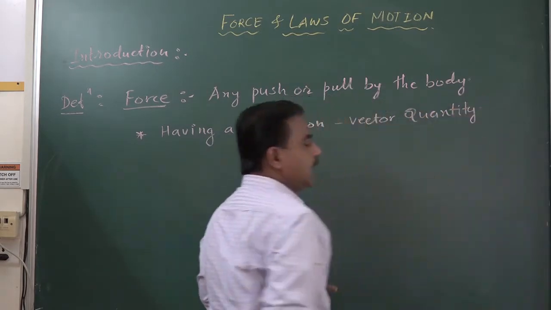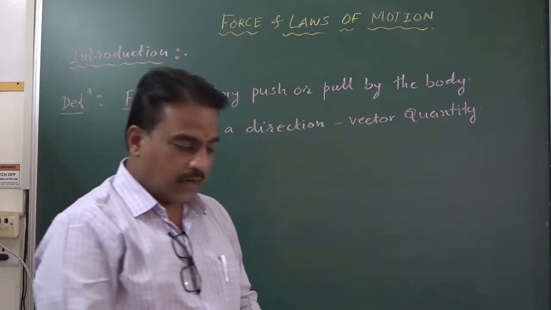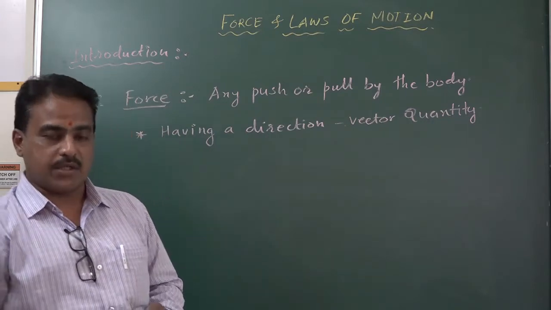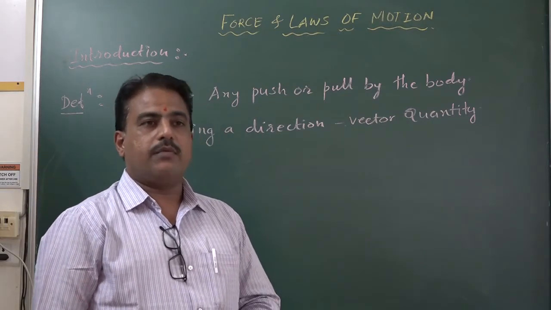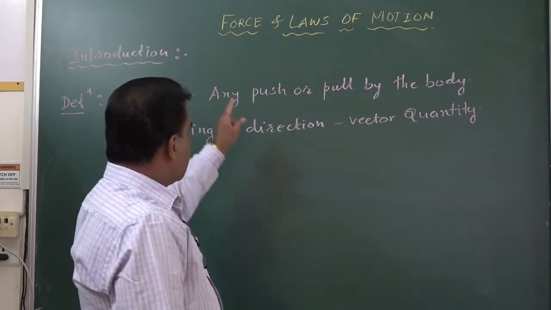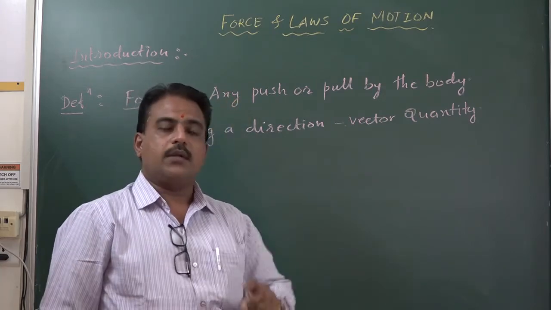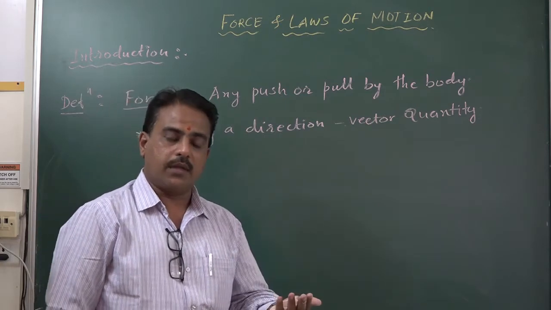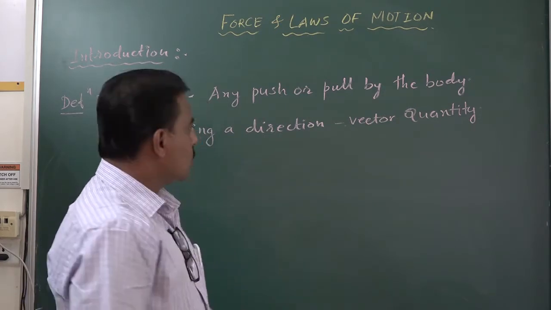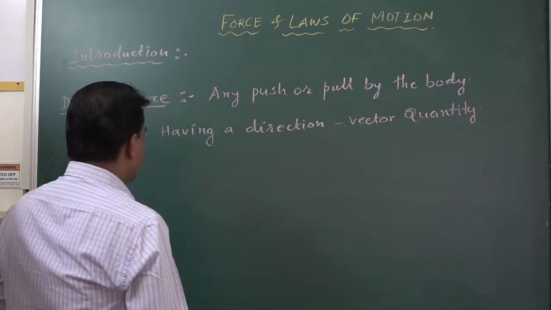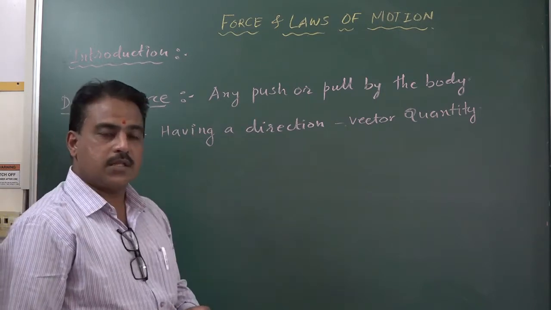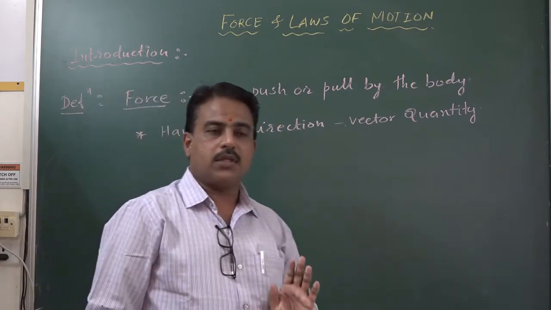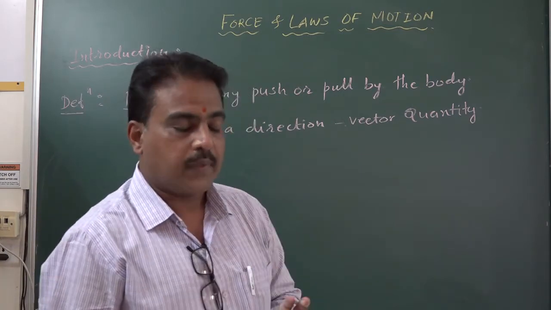When we say that a quantity is a vector quantity, definitely that quantity has a magnitude as well as direction. In these examples also, whatever push or pull is given by one body onto another body definitely has a direction. Since it has a sense of direction, it is a vector quantity. Okay, so this is the definition of force.